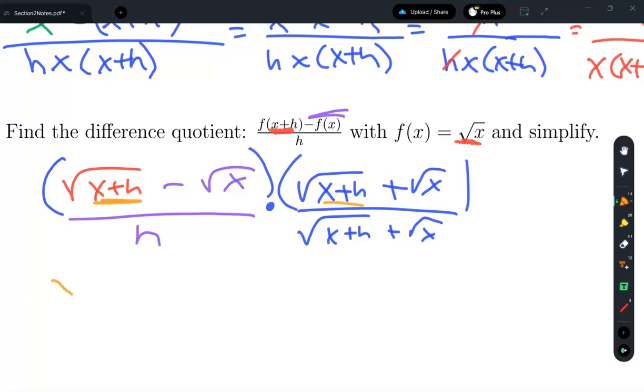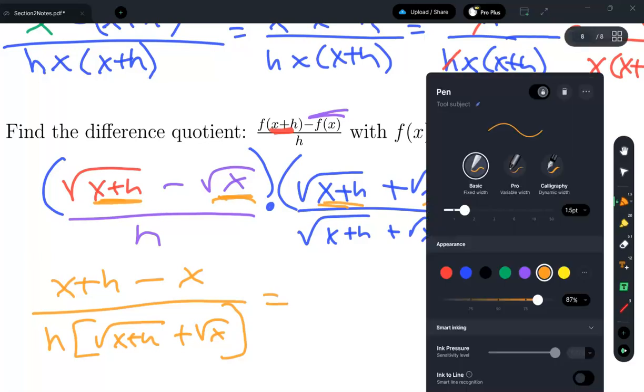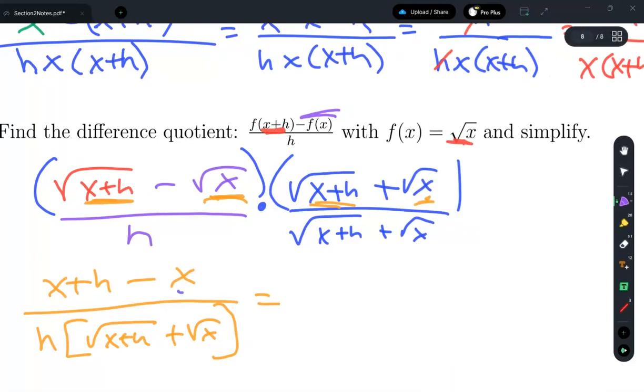So this times this gives me x plus h. Outside, inside, cancel each other out. The last term is giving me minus an x. And I carry this h along, over root x plus h plus root x. The x's cancel here, right? You see it. The x's are gone.